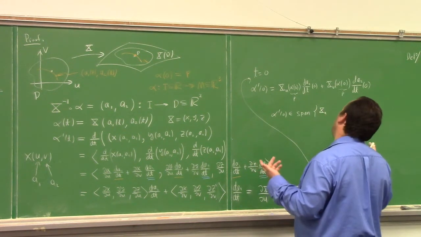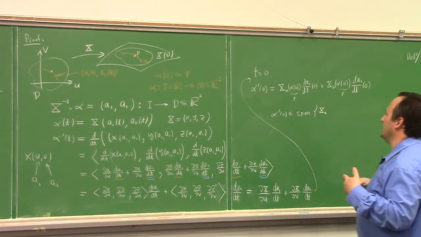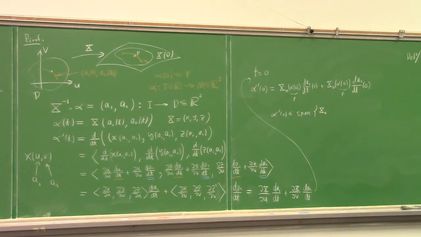I shouldn't say alpha, I'm sorry, I shouldn't say X sub U of alpha of 0. What should I say? X sub U of, oh, good grief. It's supposed to be U naught V naught.